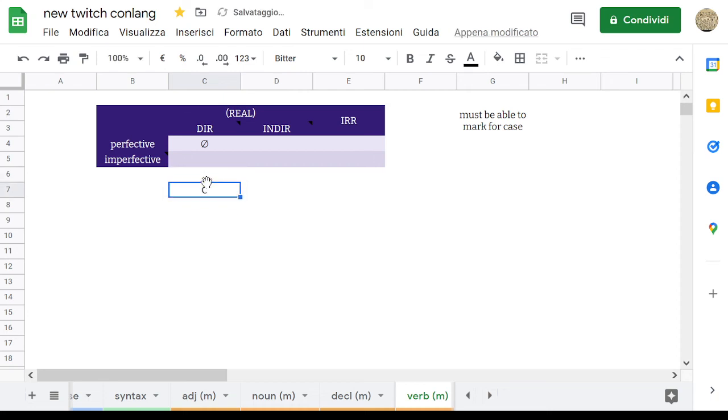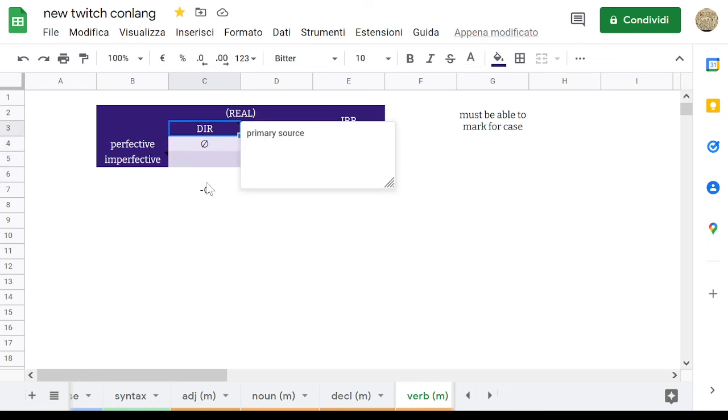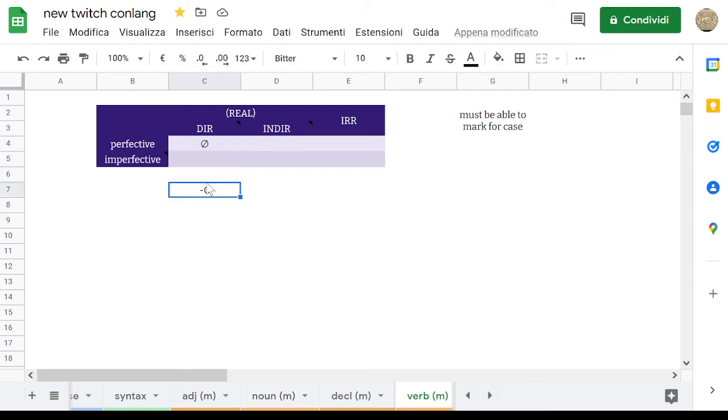So if I have roots that end in consonants, then if my default is perfective, it's just going to end in a consonant, and that's going to show that the verb is perfective and it has direct evidentiality. And then all these other things are going to be vowels that I can add.